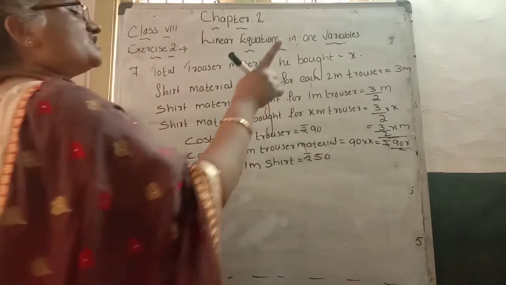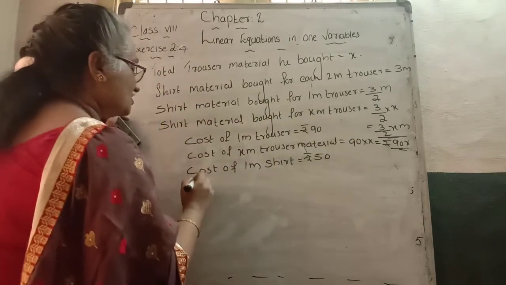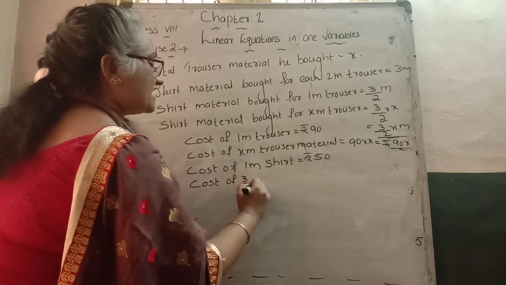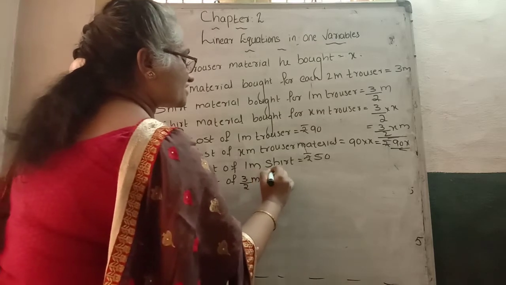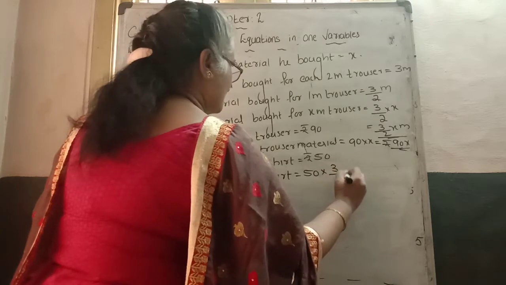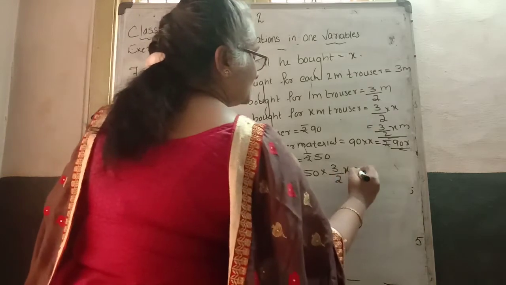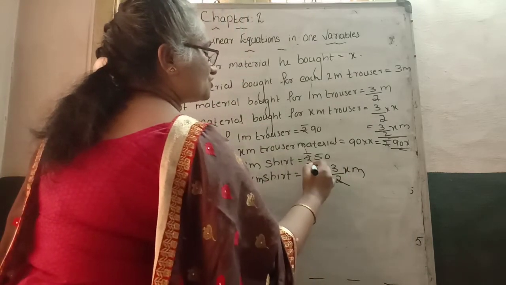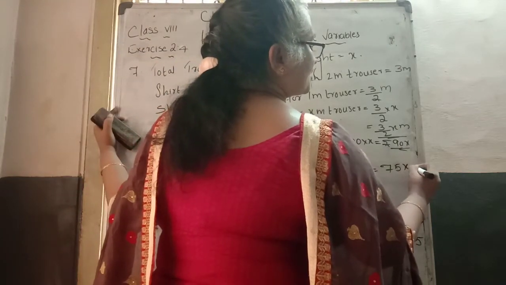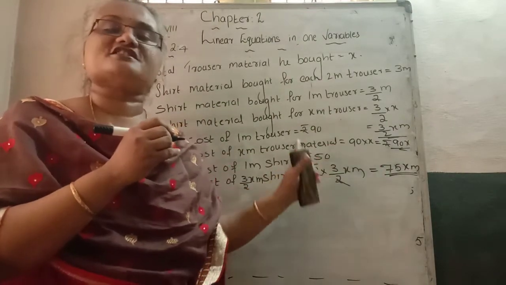He purchased 3 by 2 x meters of shirt material, so the total amount spent is 50 rupees multiplied by 3 by 2 x. The 2 and 50 cancel: 2 twenty-fives are 50, and 25 threes are 75, so 75x is the total cost of the shirt material. That is the meaning.